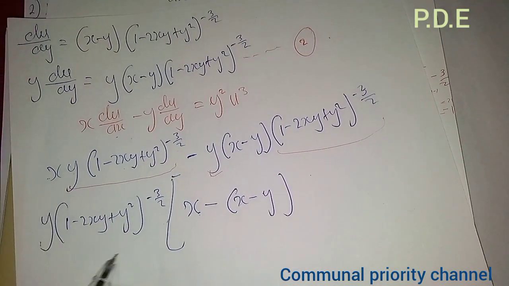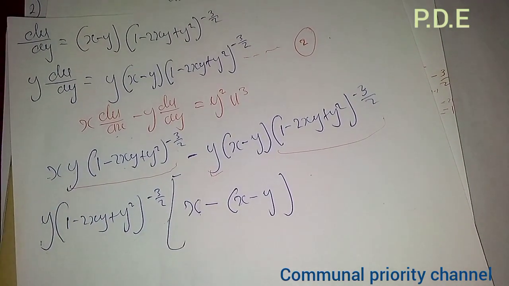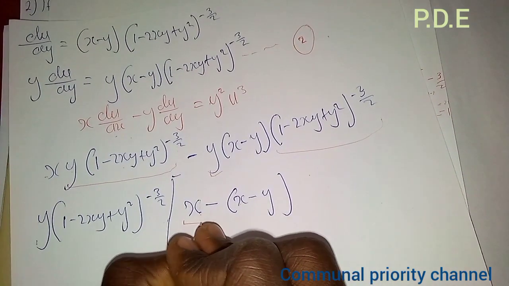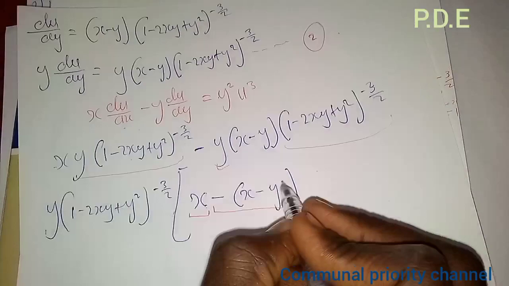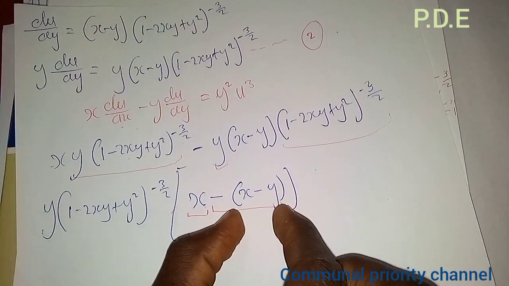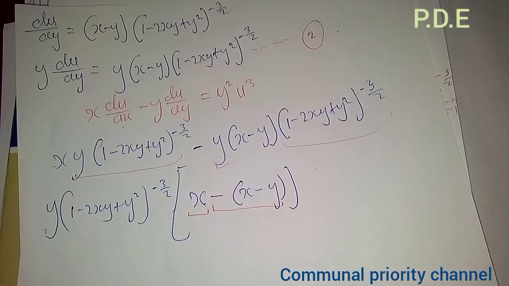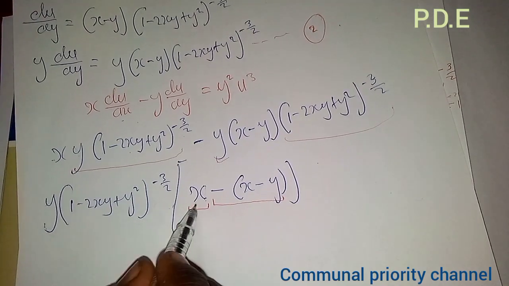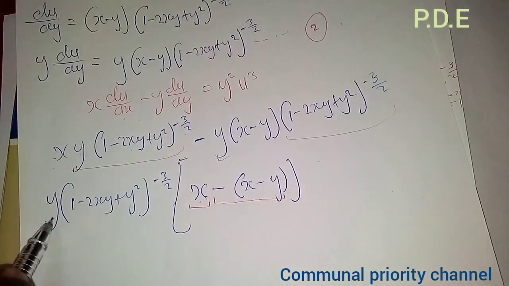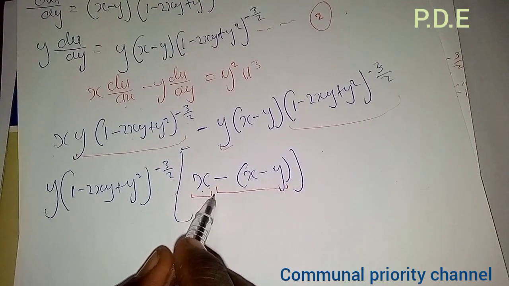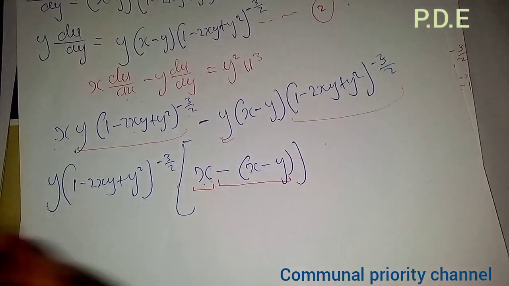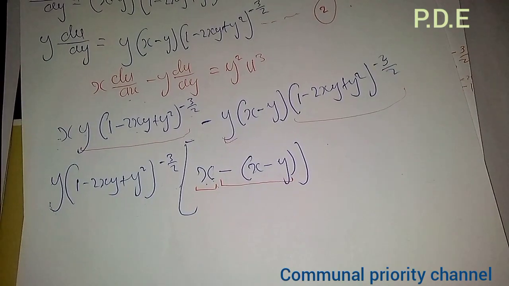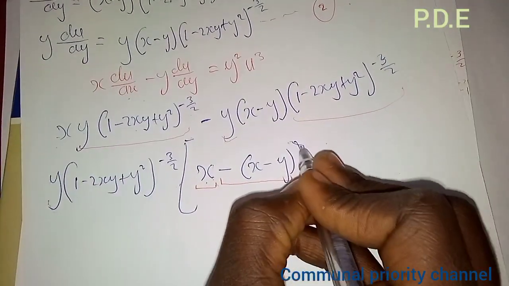Again, note that this x and this minus y are different values. This is one and this is the other one. So if we multiply this with this x, it will give us this one. And again, if we multiply this with this minus open bracket x minus y, it will give us what we have on this side. So therefore, we can write this one. They are all the same.